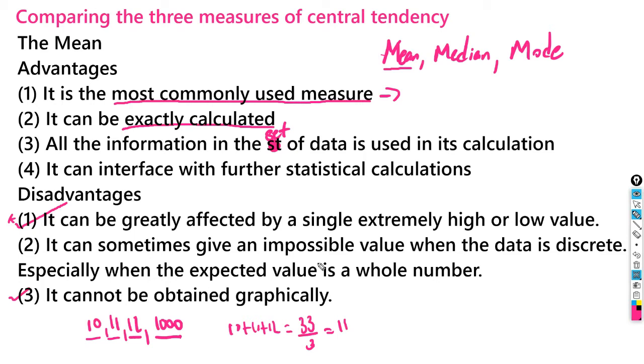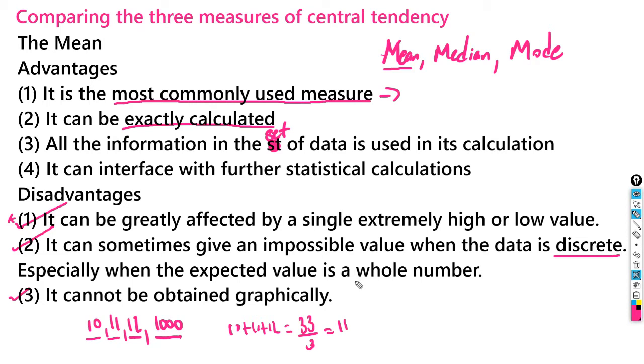And this is very true as well for the mean, because it says it sometimes can give an impossible value when the data is discrete. That's true. Suppose the data is not really handling numbers. The data might be handling different things like names or just different types of information.